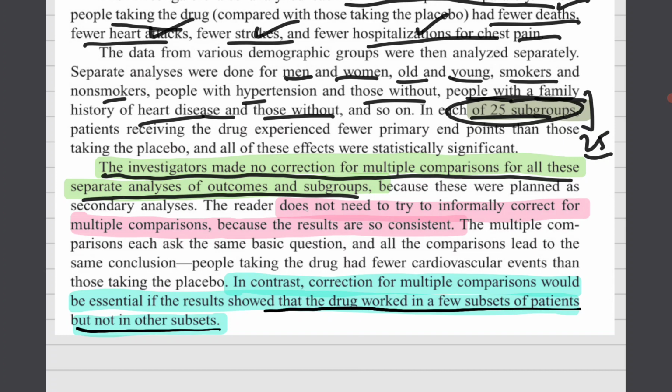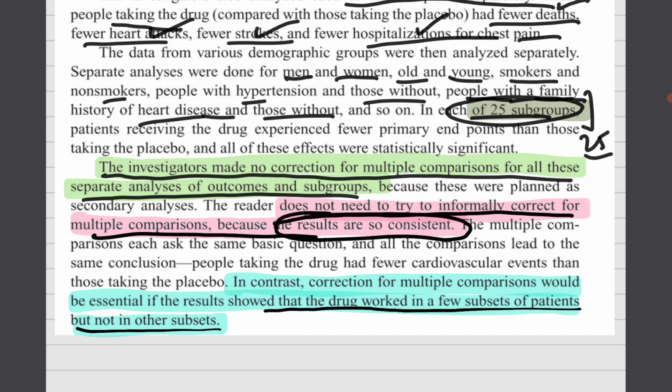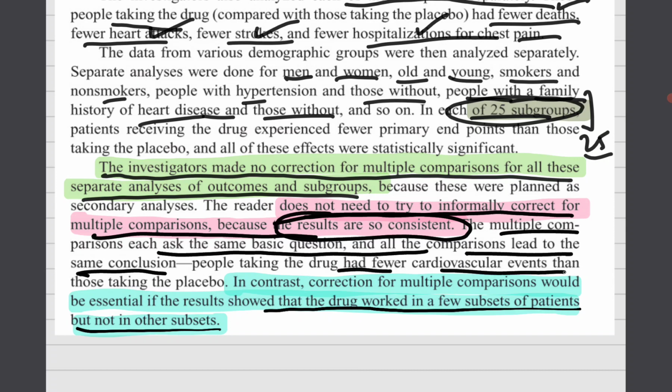The reason is that the reader does not need to try to informally correct for multiple comparison, because the results were very consistent. It means that the drug showed superior benefit over placebo in almost all the analyses. So the multiple comparisons each ask the same basic question, and all the comparisons lead to the same conclusion, that people taking the drug had fewer cardiovascular events than people taking the placebo.